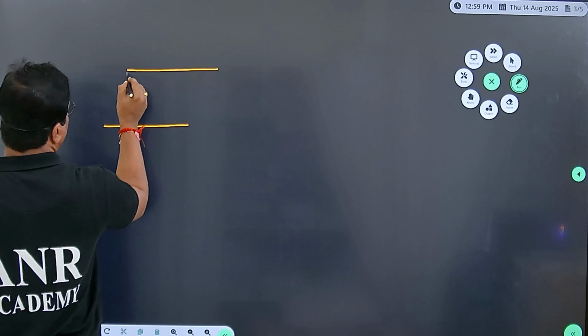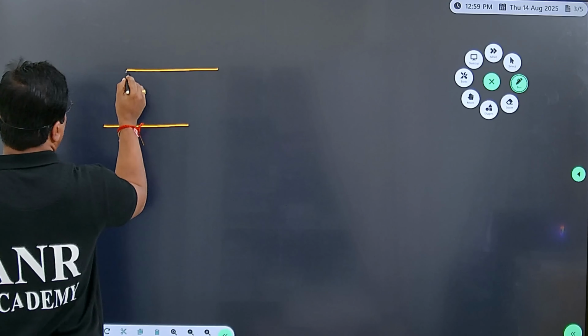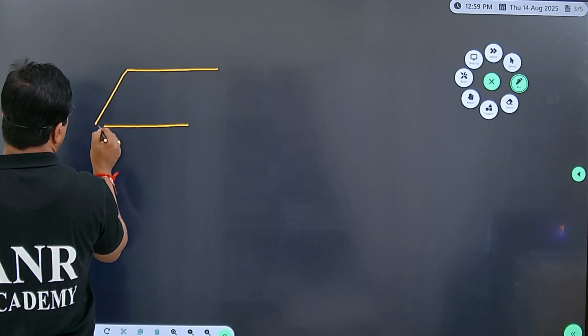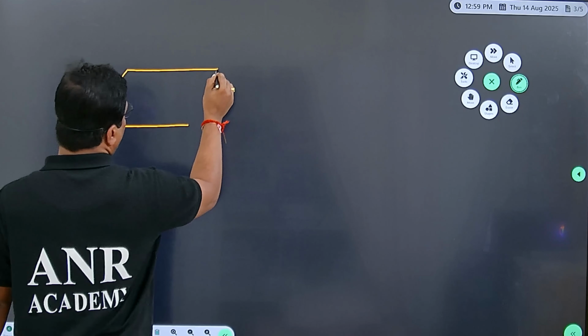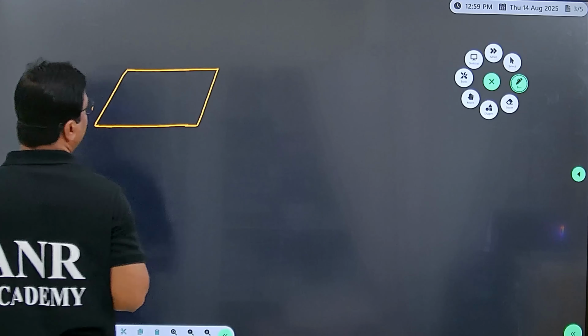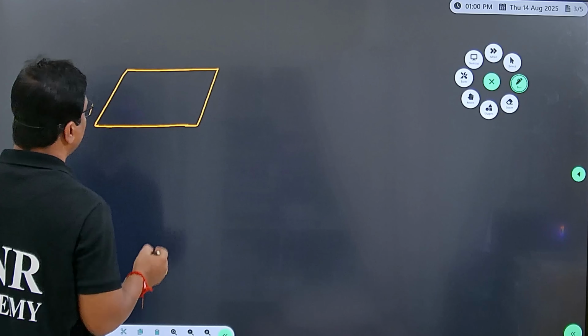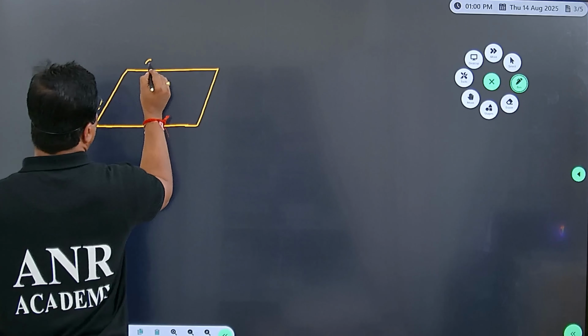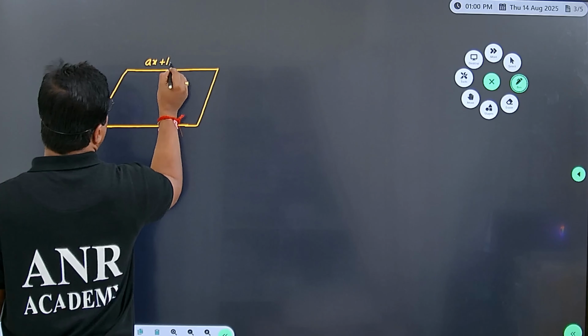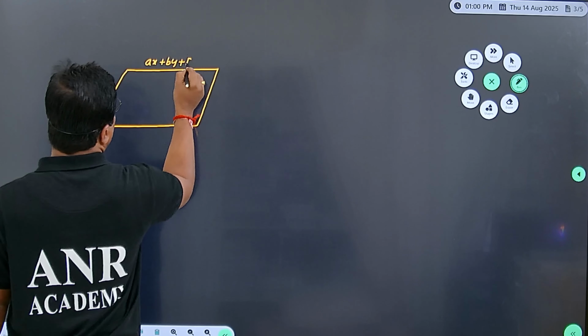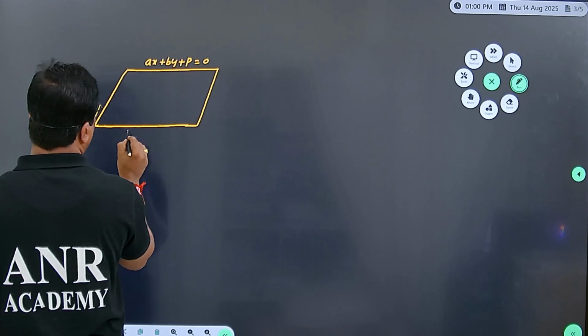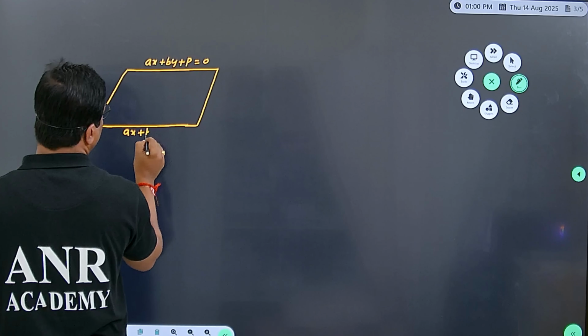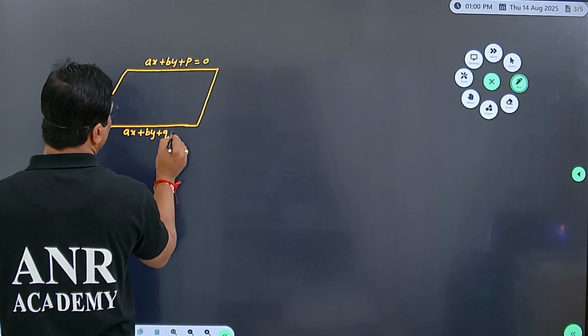They represent opposite sides of a parallelogram. First one, ax plus by plus p equal to 0, and this is ax plus by plus q equal to 0.